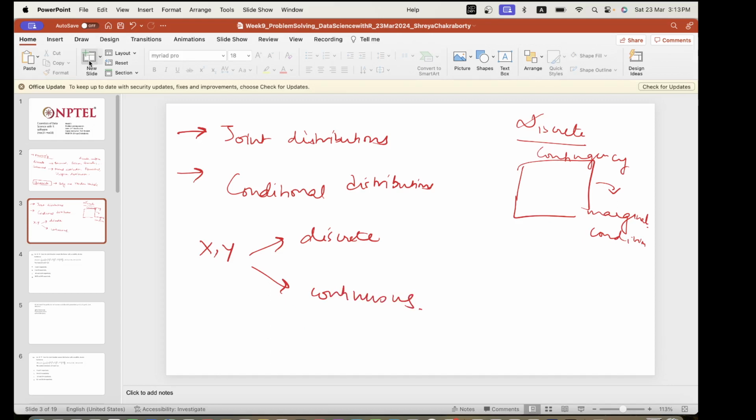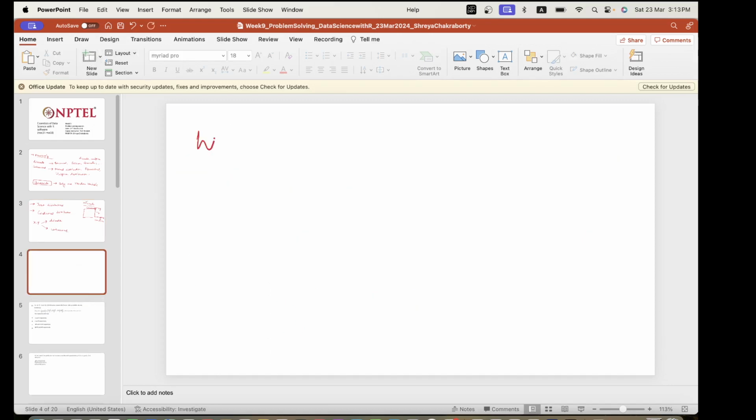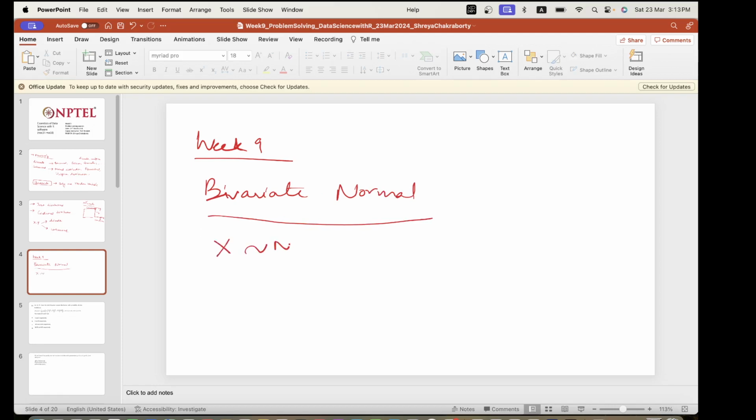Now, as a special case of bivariate continuous distribution, in week 9 we learnt about bivariate normal distributions. So what is it? x follows normal mu1 sigma1 square and y follows normal mu2 sigma2 square, and these two are not necessarily independent.